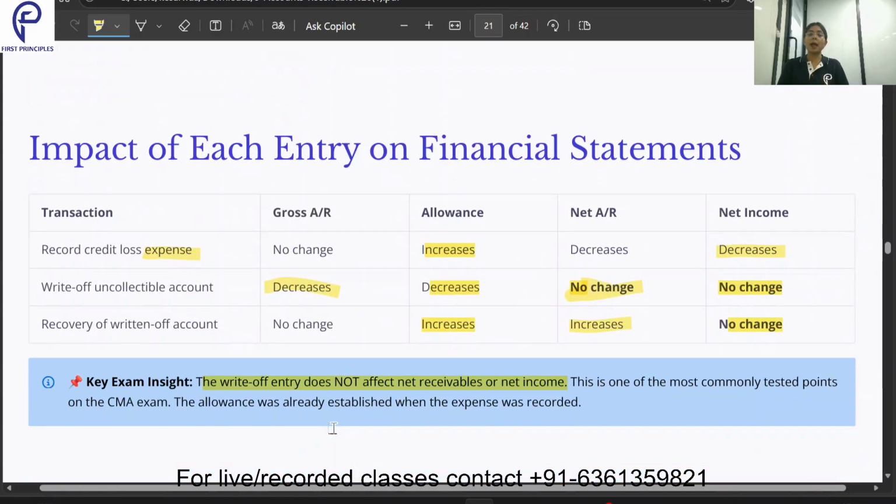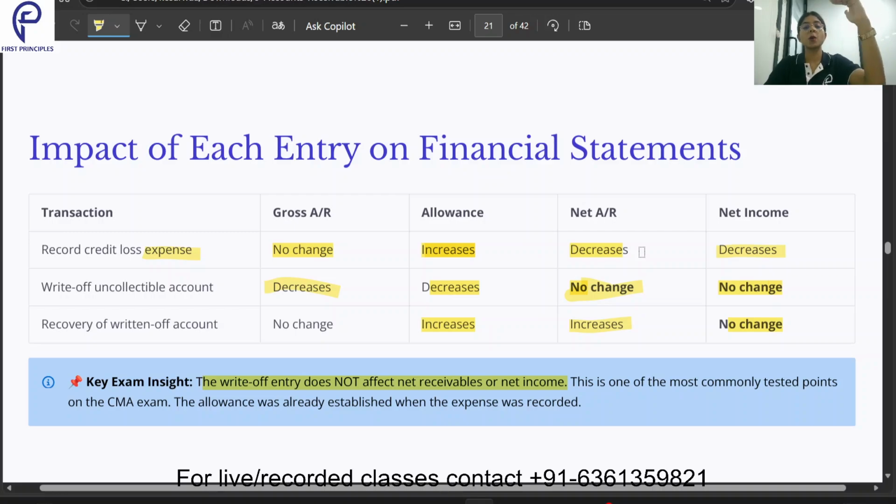Now, what is the impact of each entry on financial statements? When we are recording the credit loss expense, is there any impact on my gross accounts receivable? No, there is no impact on my gross accounts receivable. But when I'm recording my credit loss expense, my allowance account is going to be increased, and my net accounts receivable is going to decrease.